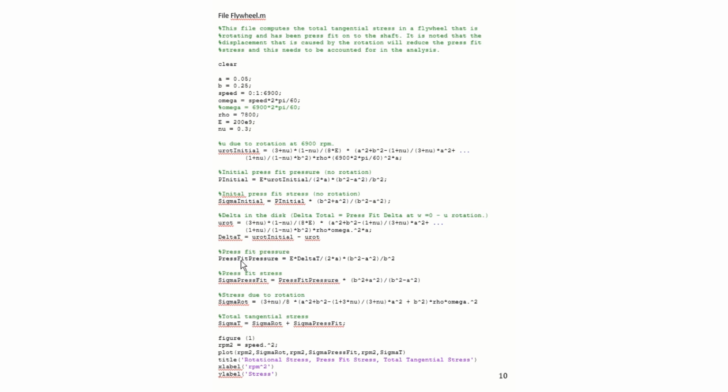Then I can compute my press fit pressure and my press fit stress, and I can plot the stresses due to the rotation. Then I can come down here and add the total tangential stress by adding the sigma rotation, which is this term, and the sigma press fit pressure, which is this term.